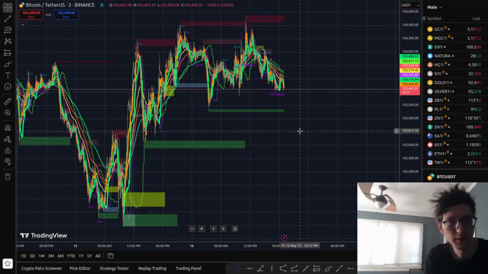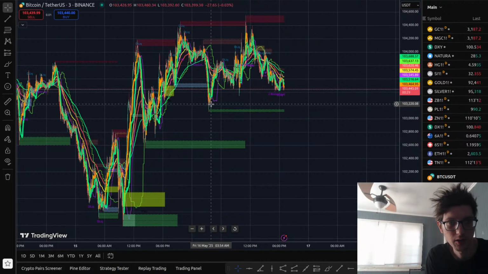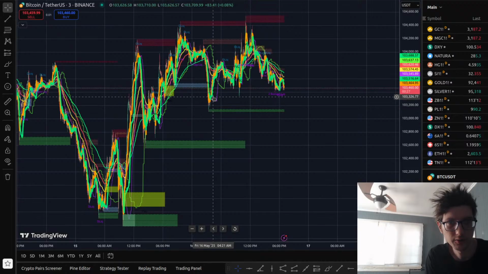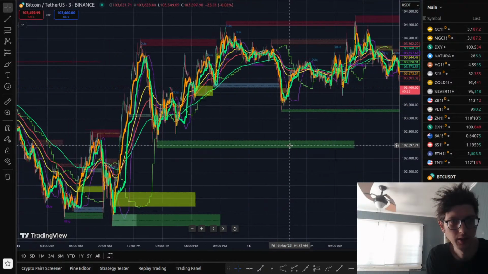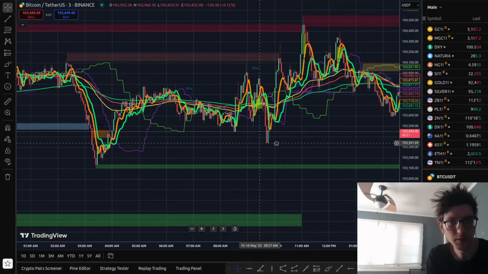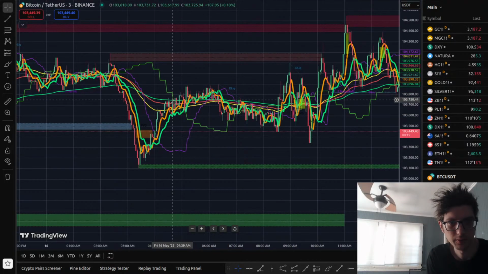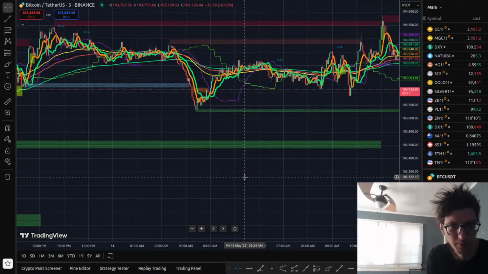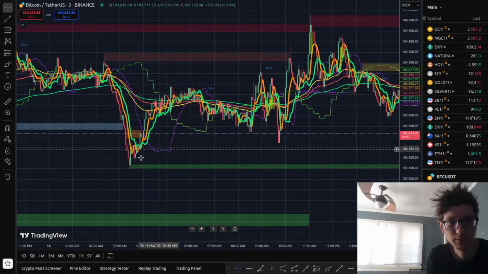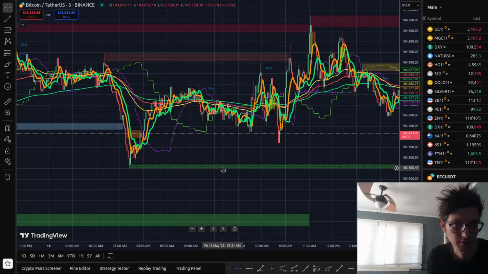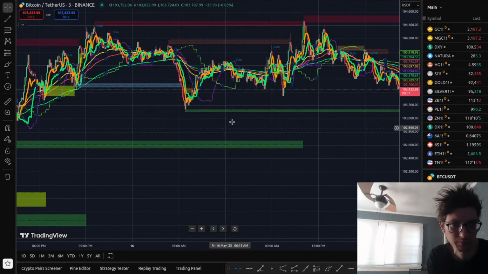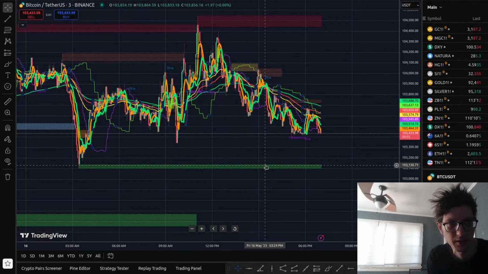So let's say you entered a long trade on this cross. When it crossed above this, either the purple line or the green line or whatever you're using, right? A lot of people, especially if they got in around here or even this purple line, set their stop right here at this green line or this green block, rectangle type thing.